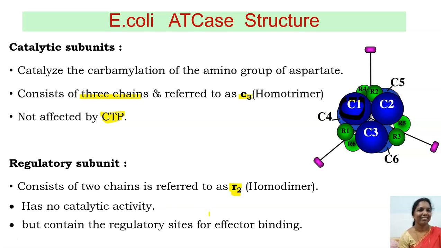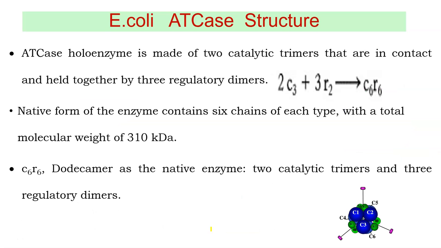They contain regulatory sites for effector binding. What is an effector? I told you in the previous video that an effector is the molecule which binds to another site and affects the enzyme activity. How does it affect? It may either increase or decrease the activity.